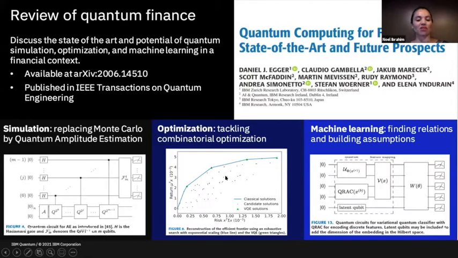In the middle, we see portfolio optimization, where if you're familiar with the efficient frontier, one can see that the quantum algorithm called VQE, variational quantum eigensolver, actually does find the same portfolios on the efficient frontier as the classical algorithm, even though it's a very new and nascent technology. And then here on the bottom right is a circuit that implements a quantum machine learning algorithm.